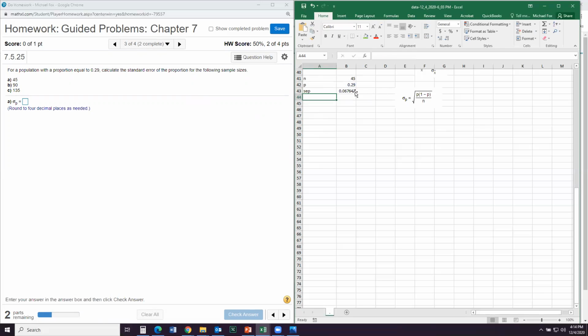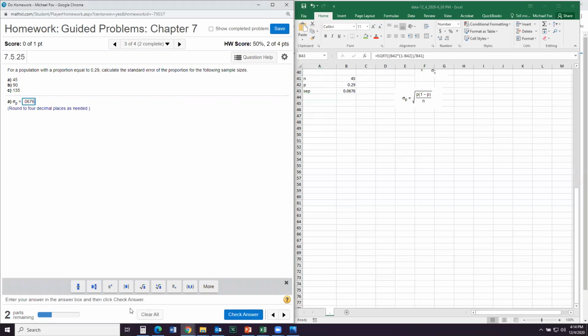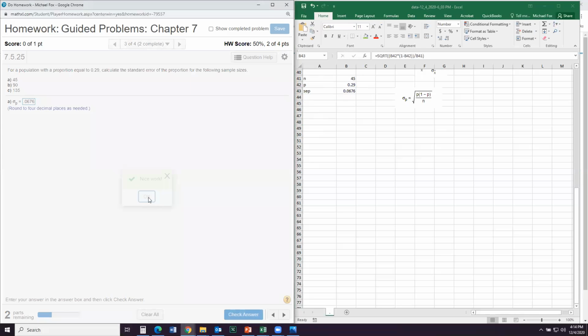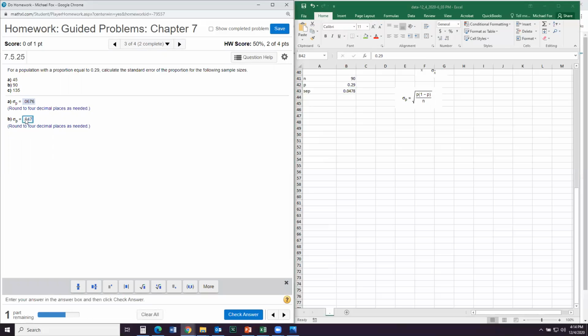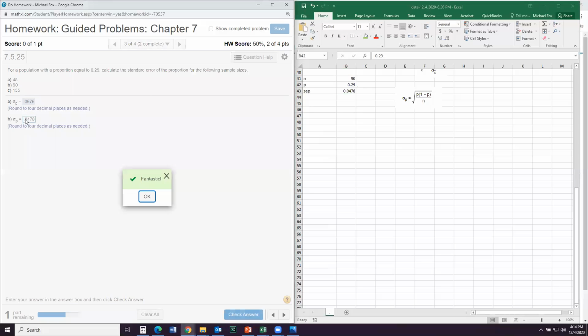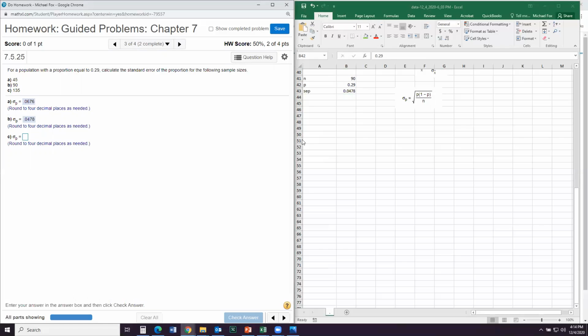And then once rounded to 4 decimal places, 0.0676. Nice work. For 90, all I do is change my n to 90. 0.0478. And then for 135, I'm just going to change my n to 135. 0.0391. There we go. All right, and on to the final problem.